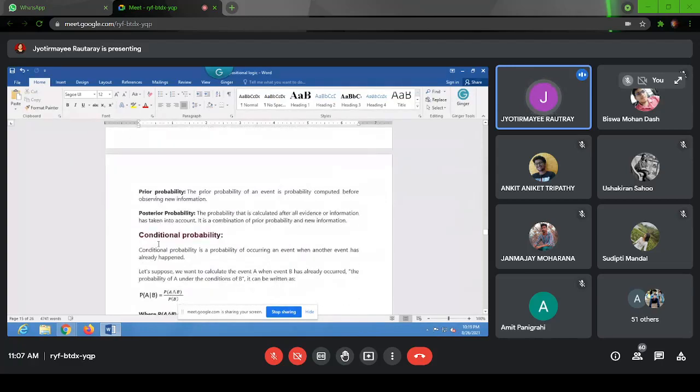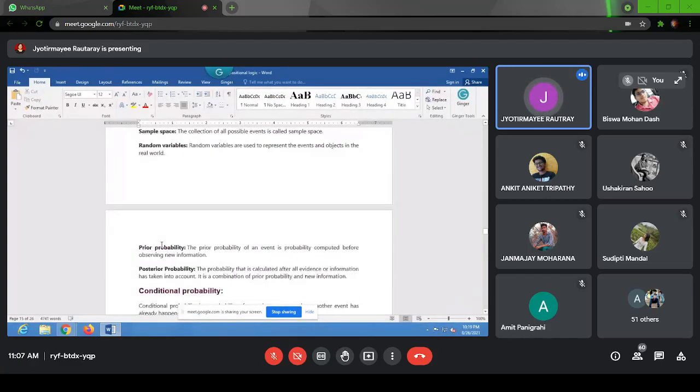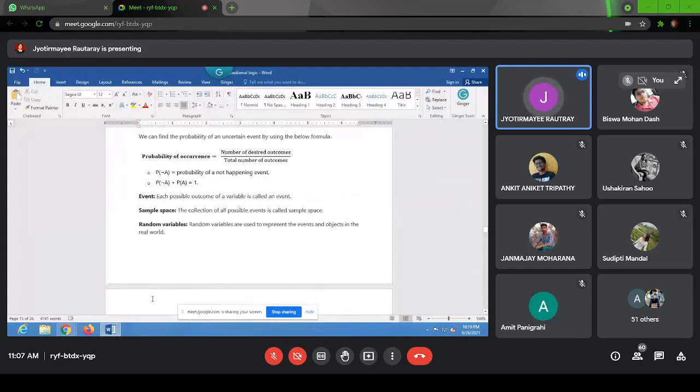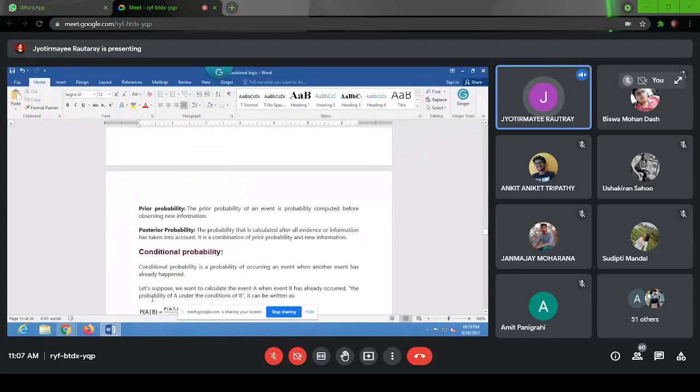Listen, another thing: you may get this in your short question. Here we have to discuss prior probability and posterior probability. The prior probability of an event is the probability computed before observing the new information. I will tell how we calculate this prior probability.